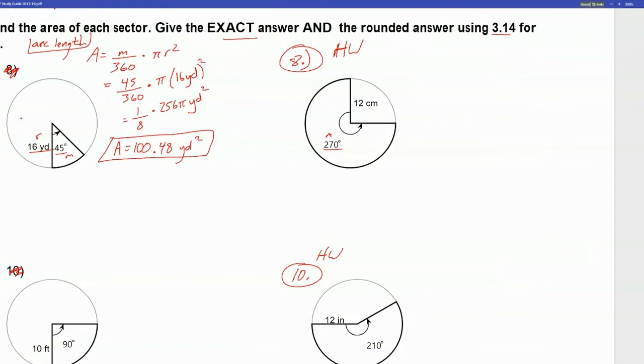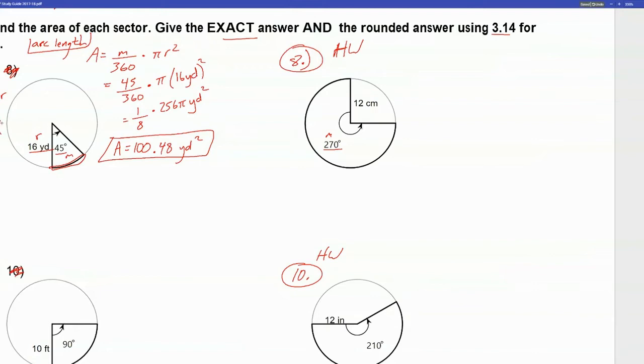So going back to number 7, we found the area, but now we're going to find the arc length. Now remember, the arc length is whatever our measure is out of 360 times 2 pi r. That's related to circumference. And really what we're doing is just finding the length of this piece right here, that minor arc. So we only care about 45 degrees out of the whole circle, and our radius is 16 yards.